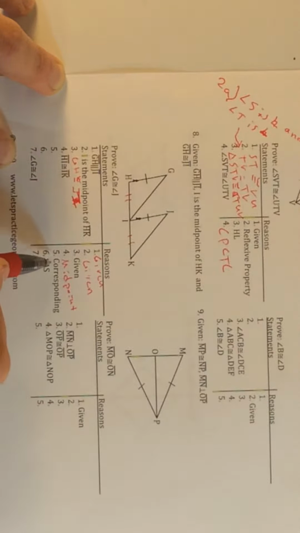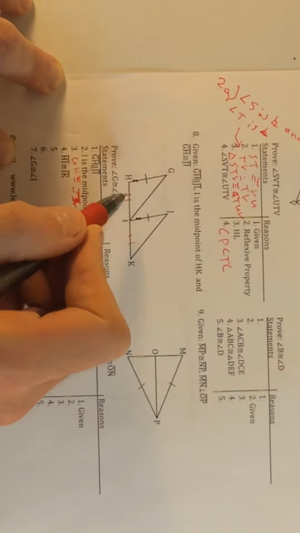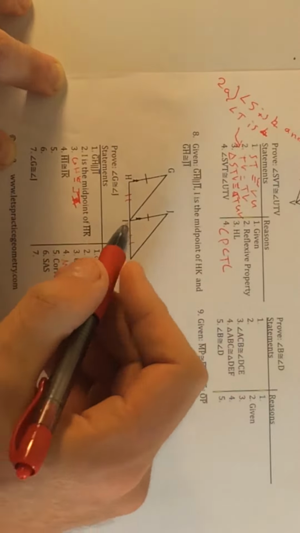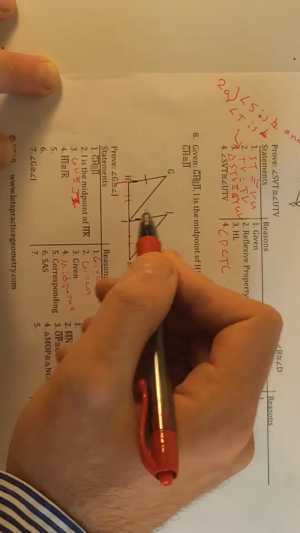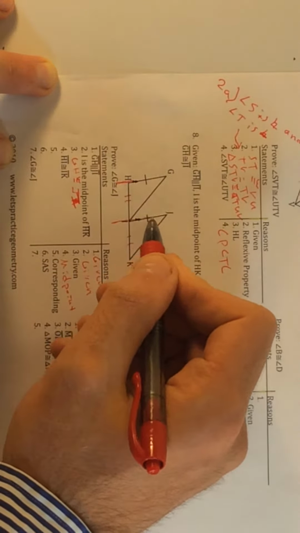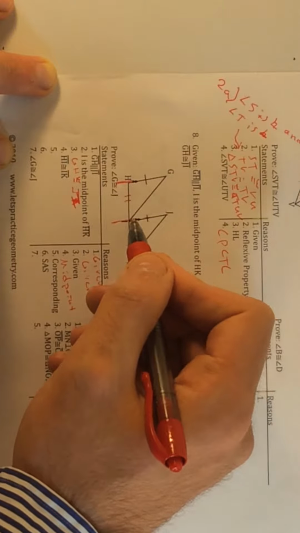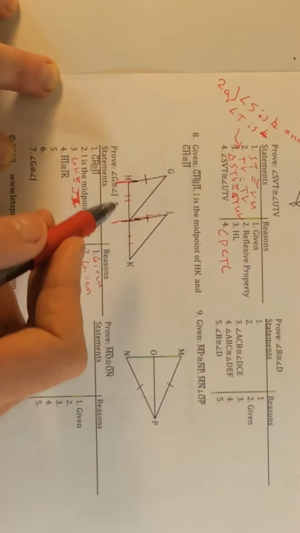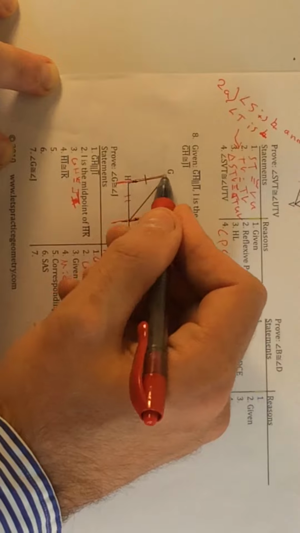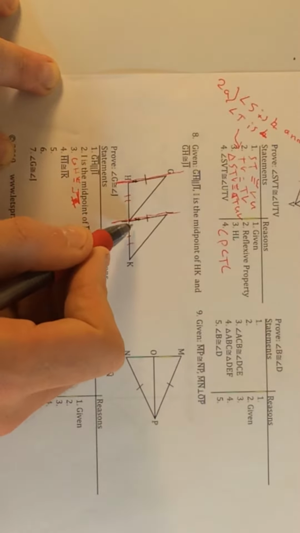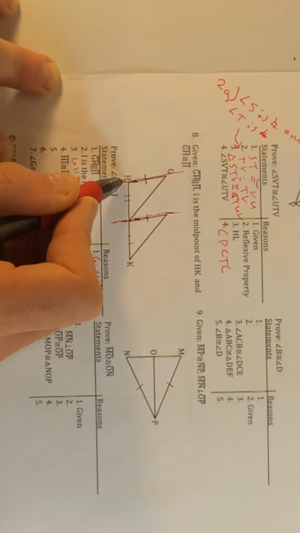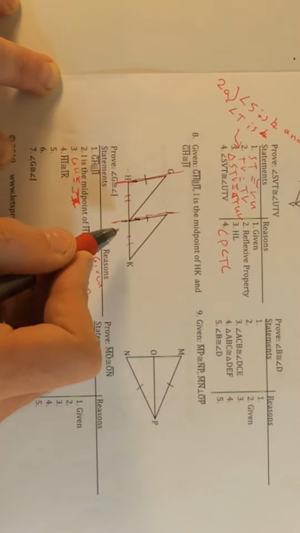And 4, 5. So look, we're looking for corresponding angles. That's going to be the reason. Notice that these sides are parallel. Remember, if we've got parallel sides, we know that our corresponding angles are going to be congruent. So if GH and JI are parallel, and we're being cut by a transversal, all of your corresponding parts are going to be congruent. So this is going to be congruent to that.